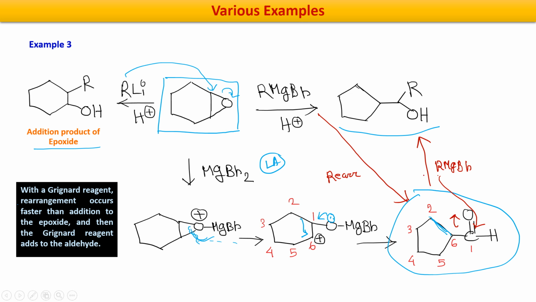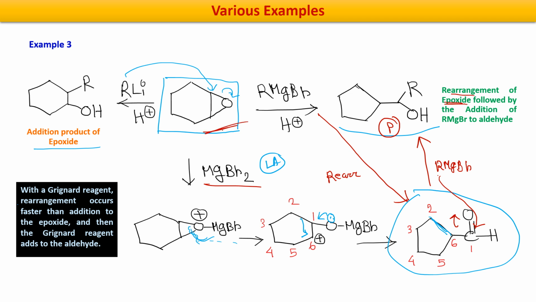So when you are treating it with Grignard reagent, unlike RLi, here first rearrangement will occur, just in presence of MgBr2 you have obtained, but after that, once the aldehyde is produced, now it will behave as usual. Suppose this product I am writing here as P, this is the product you will get after the rearrangement of the epoxide. First there will be rearrangement in presence of this Grignard reagent, followed by the addition of RMgBr to the aldehyde.